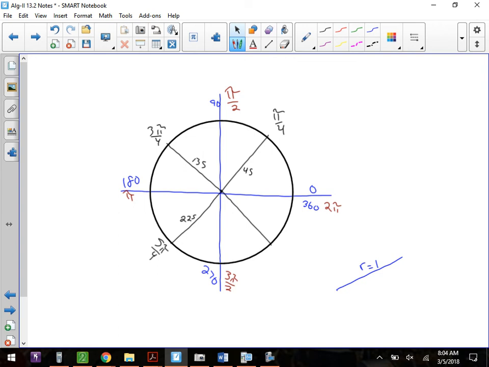Now, one of the things you should be able to pick up on here is, aren't these two directly across from one another? So if I add 180 to 135, what do you get? 315. Because they're one part away.